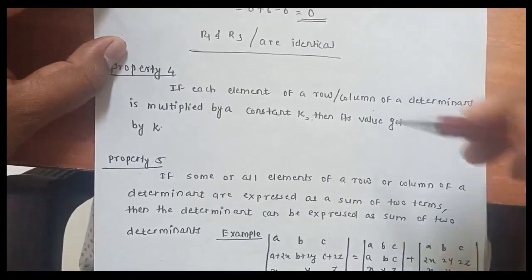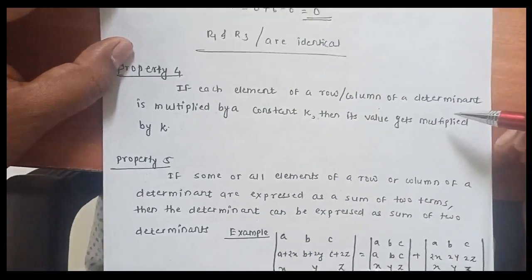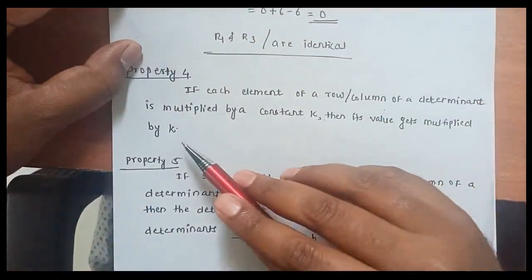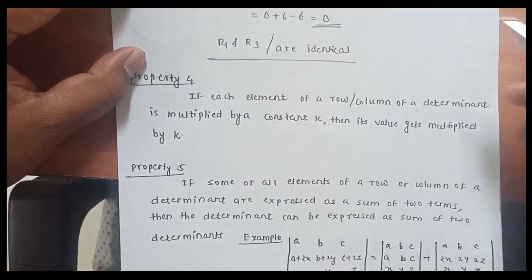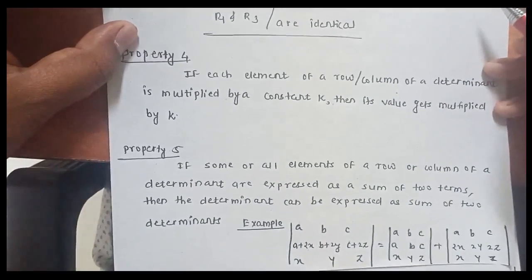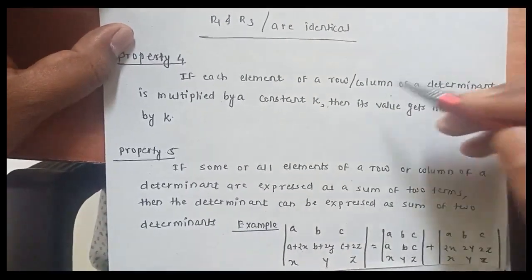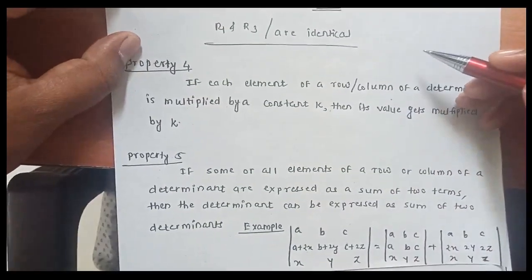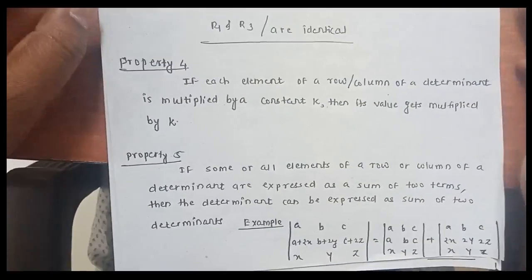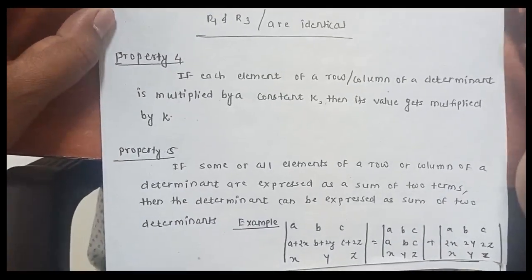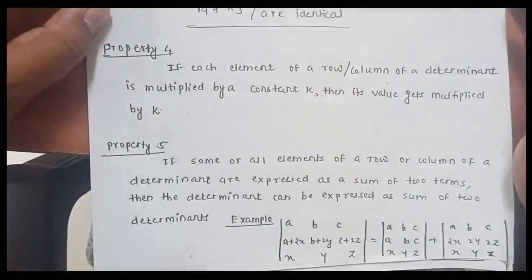That means previously without any multiplication your answer was x. After multiplying a constant number to a row or column, your answer will be kx. This is the fourth property. Just remember it. When we solve the sums, you will get a better idea about the fourth property.